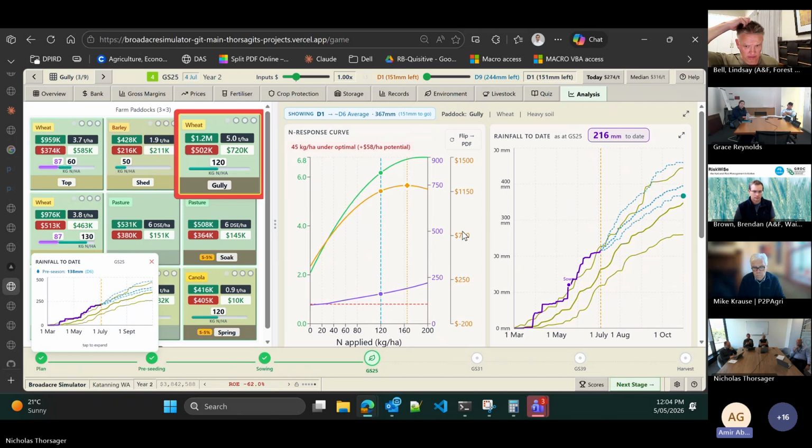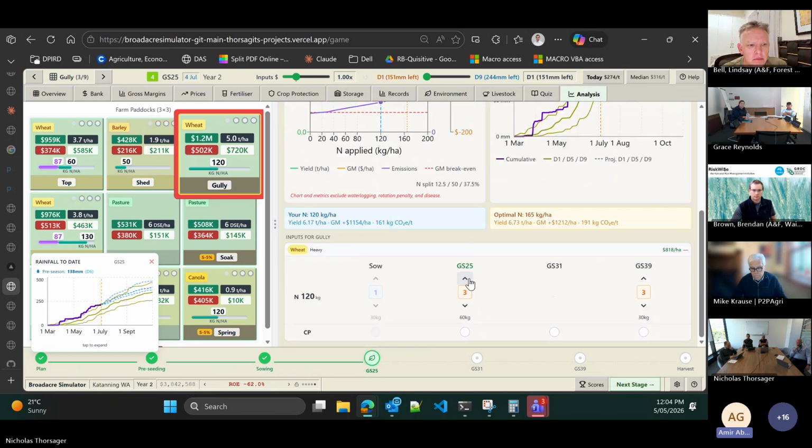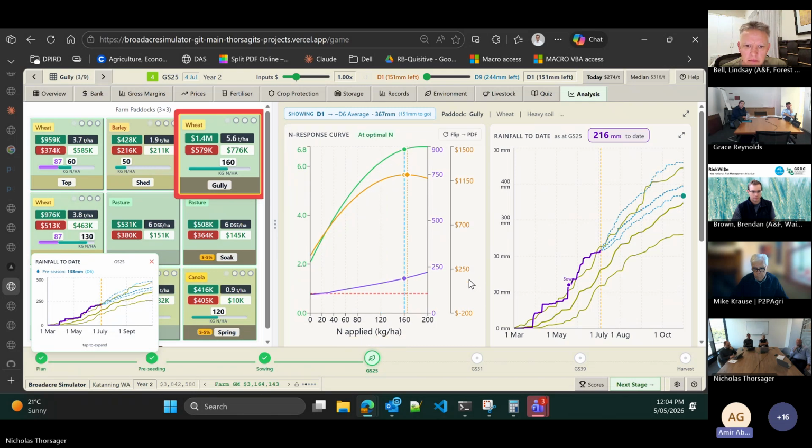So you can begin to decide, do I want to put on that extra cost? We've got a cost, that red box on the left, 502 to 580. Do I want to spend that extra $80,000 to get that extra, what was it, 20,000 in return. And so you can begin to model these things in a defensible way.